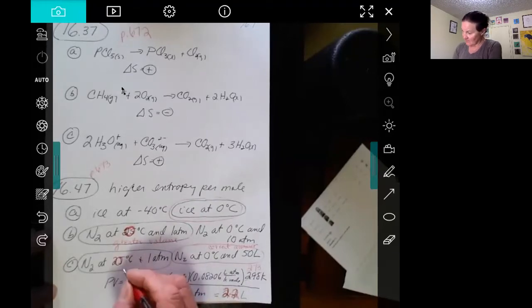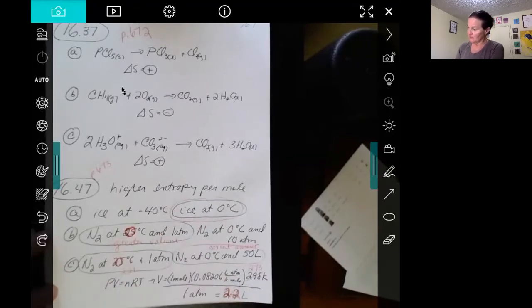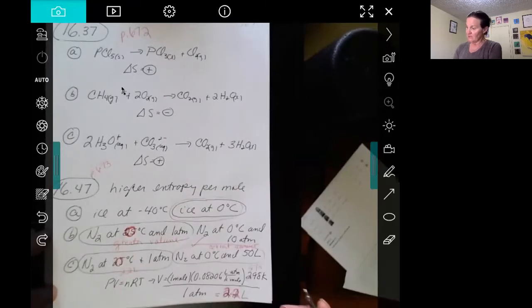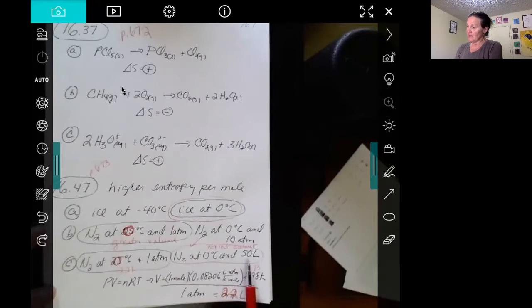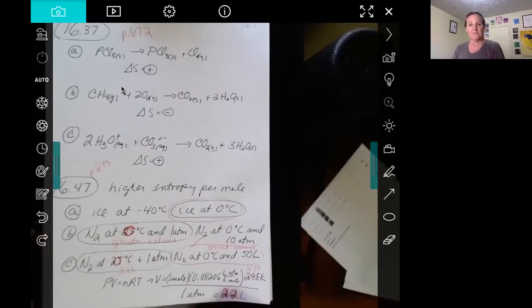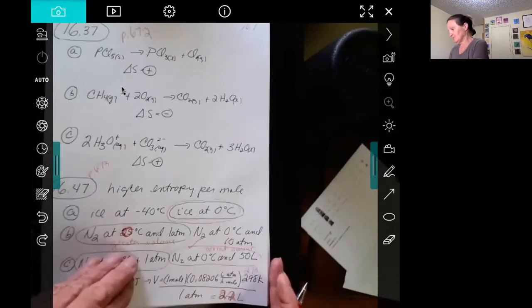And this volume was 22 liters. So the correct answer is actually this one that I circled and wrote correct answer in red over here. So nitrogen at 0 degrees and a larger volume, same idea as over here, the entropy should go up.